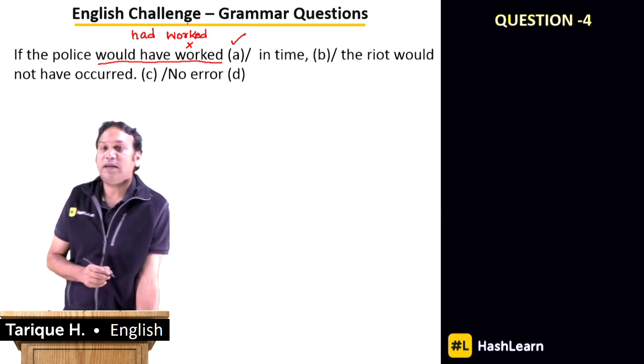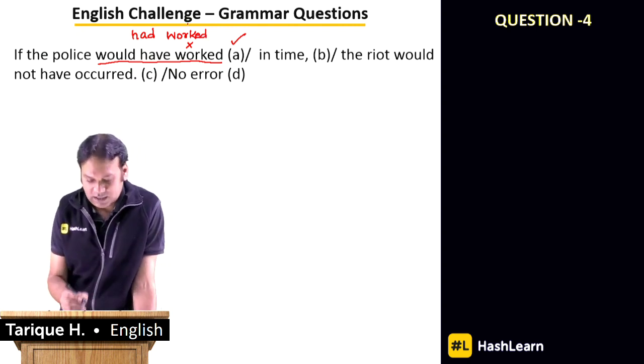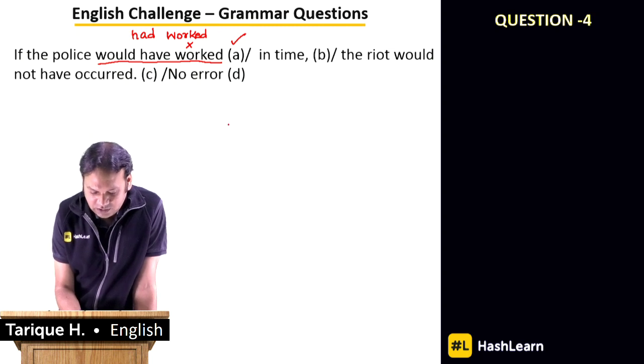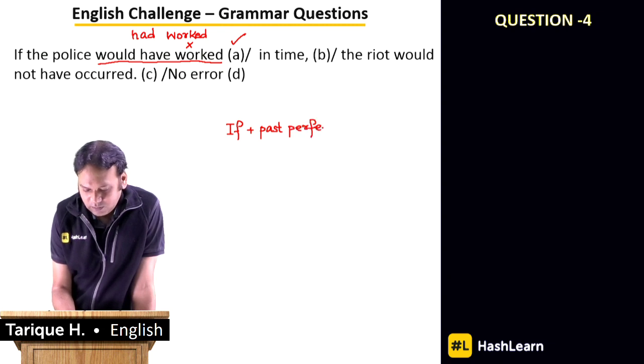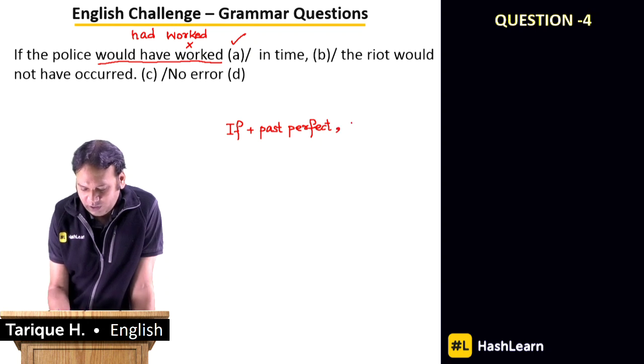Now this is what we call a third conditional in the English language, and I'll give you the structure for the third conditional. If, followed by a past perfect, comma, followed by would have.